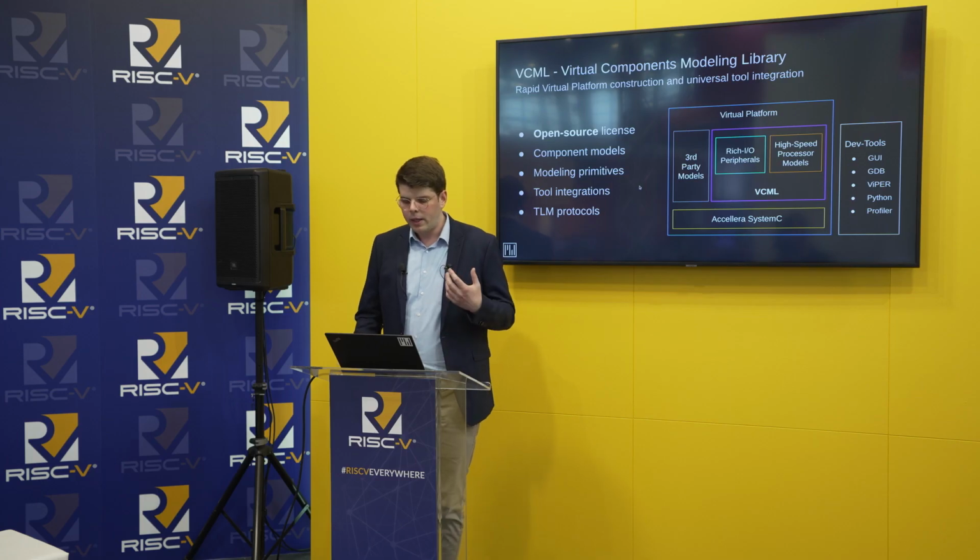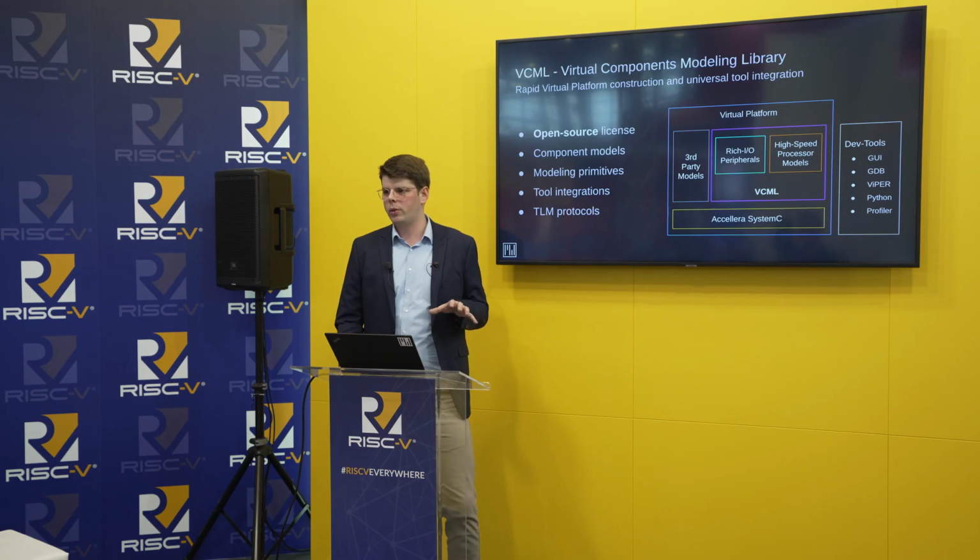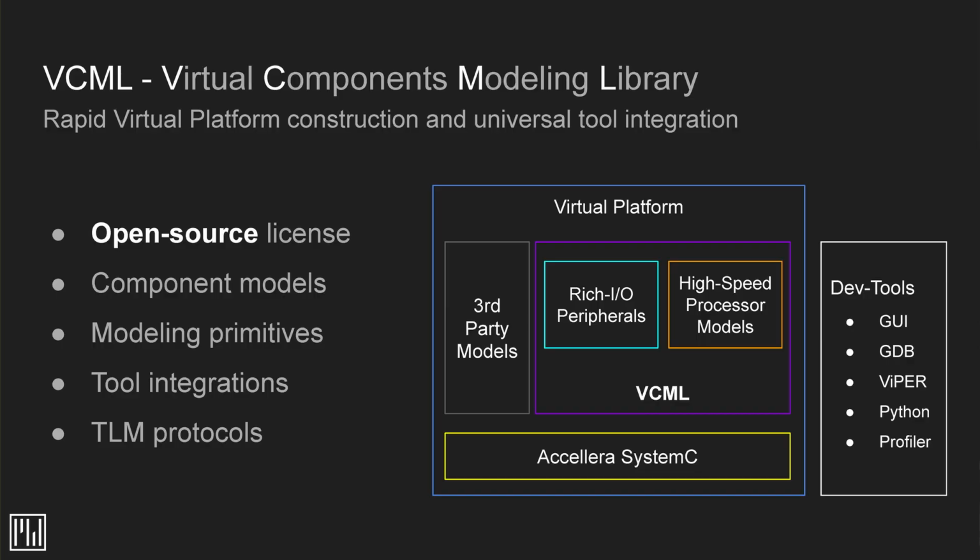And as I said, in VCML we already have quite a few component models available, which are part of the open source release. So stuff that you always need, like UARTs or Ethernet, things like this are part of our open source release. And all the modeling primitives that you need to build your own peripheral models are also part of the open source release, as are our tool integrations.